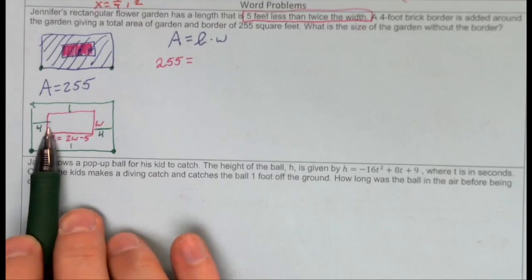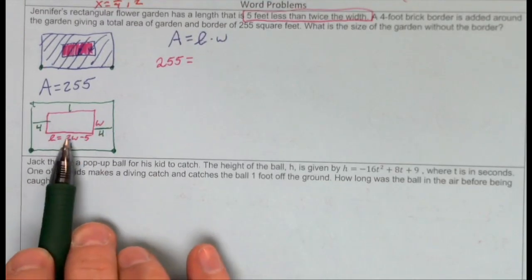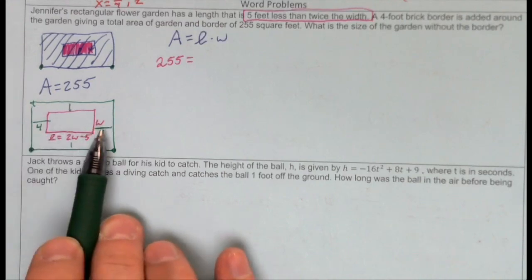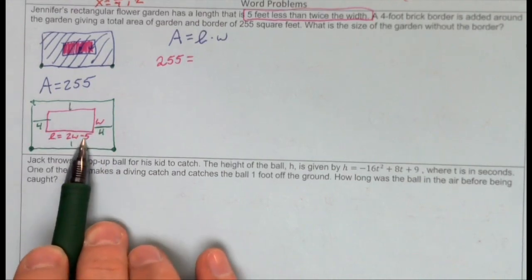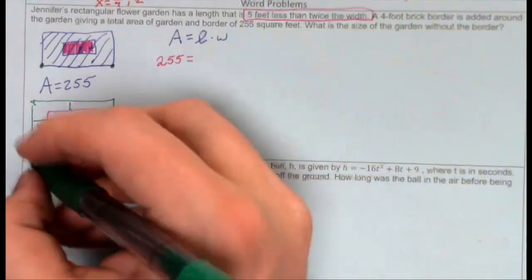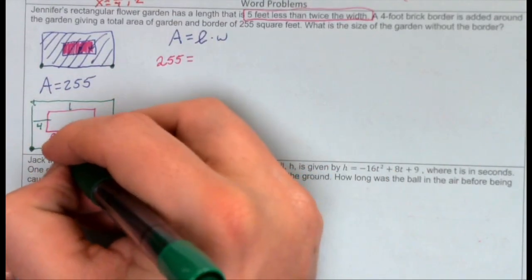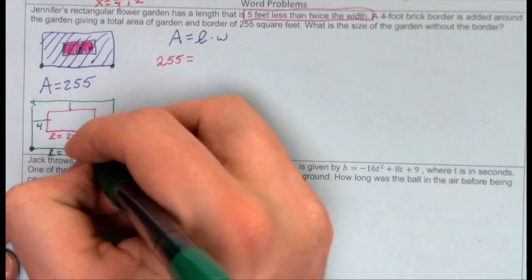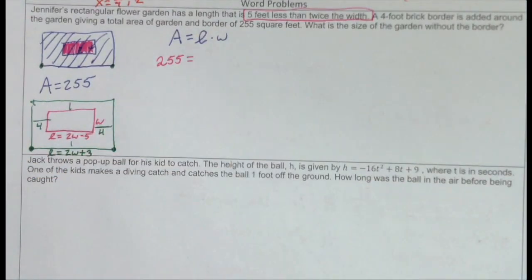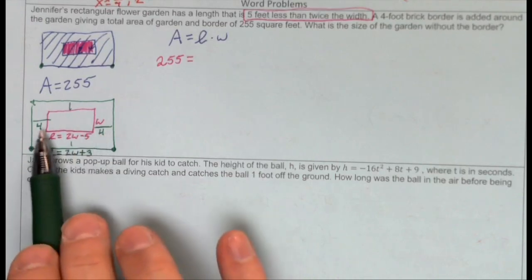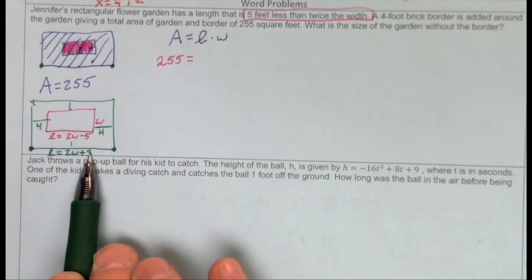So adding all this together, we get 2W plus 4 minus 5. The length is 2W plus 3. Negative 5 plus 8 is 3.